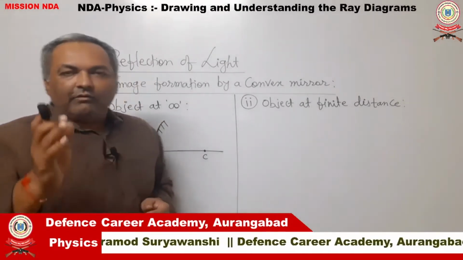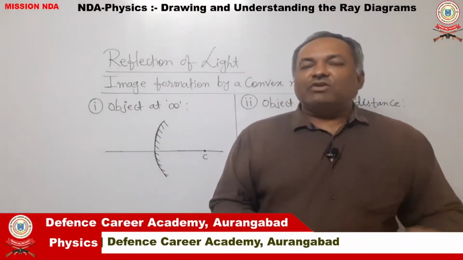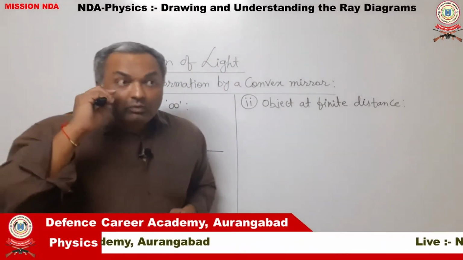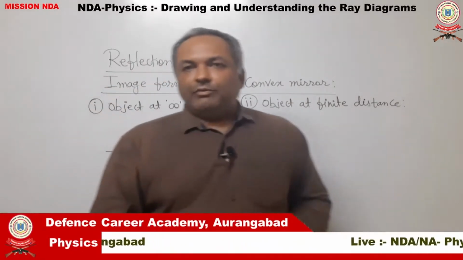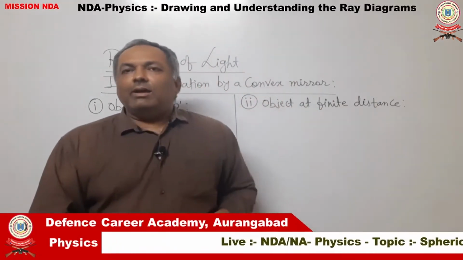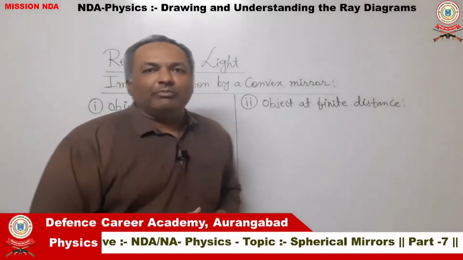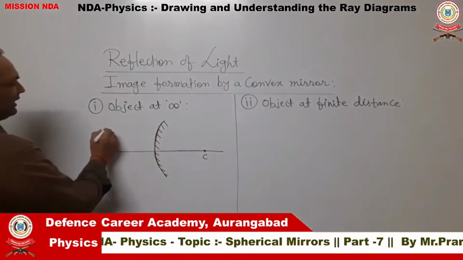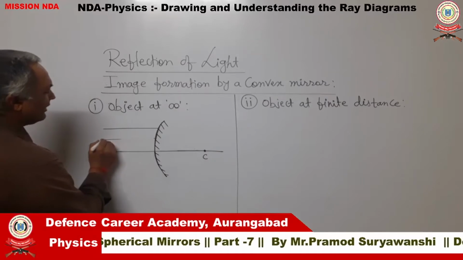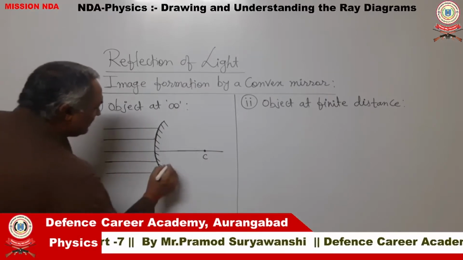Next, when you say object at infinity, once again, object distance is very large compared to the focal length of the given mirror. So when you consider such an object which is at a very large distance from the given mirror, it can be safely assumed that whatever rays are coming from such object, they are incident on the mirror almost parallel to each other, and of course parallel to the principal axis.